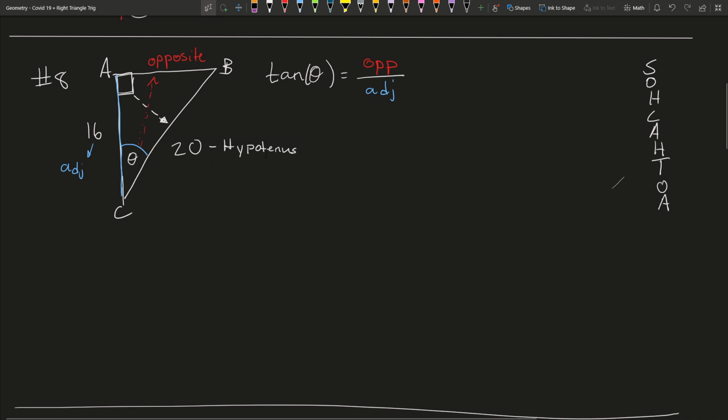In order to find it, we plug these sides into the Pythagorean theorem. So we get the adjacent squared plus the opposite squared is equal to the hypotenuse squared. Then we plug in numbers and solve for what's left.